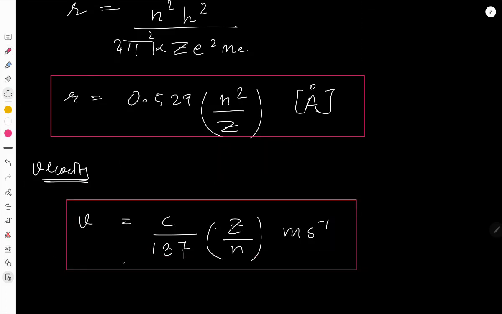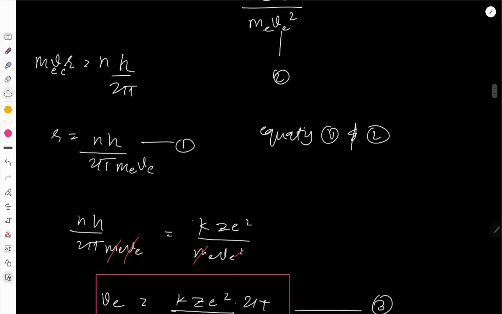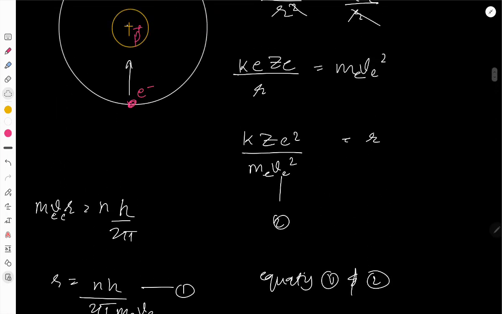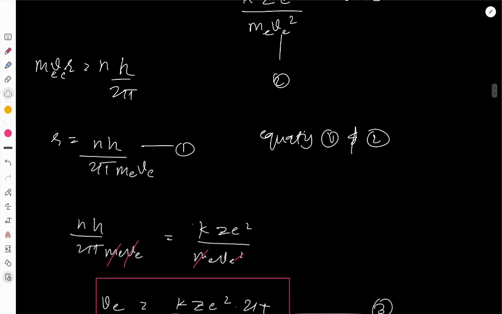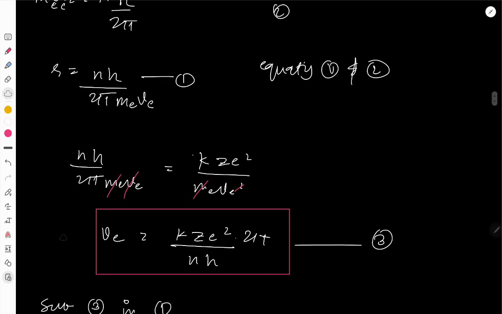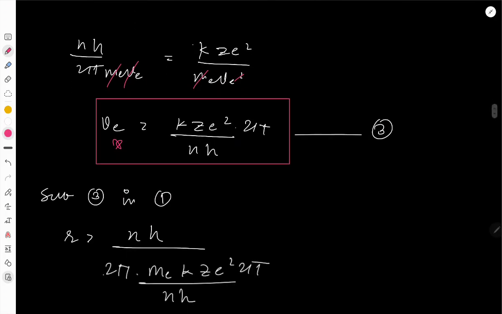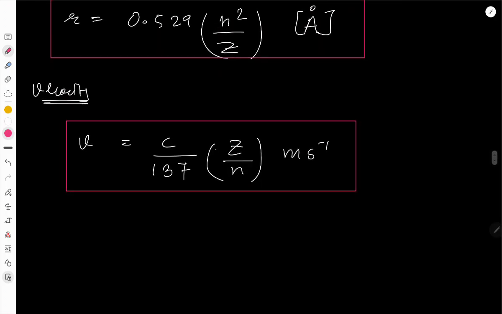Yes, and we got this velocity in this equation, which you must remember.